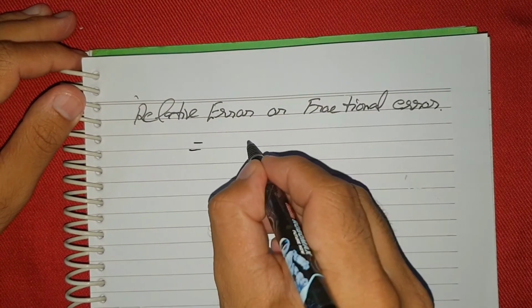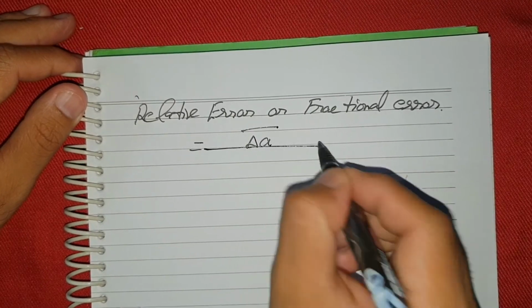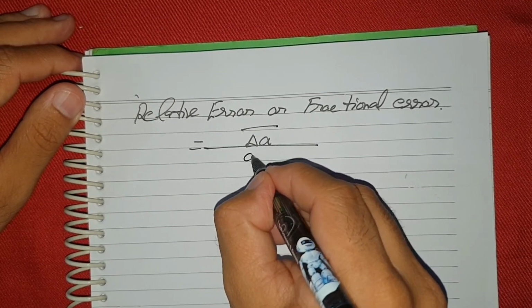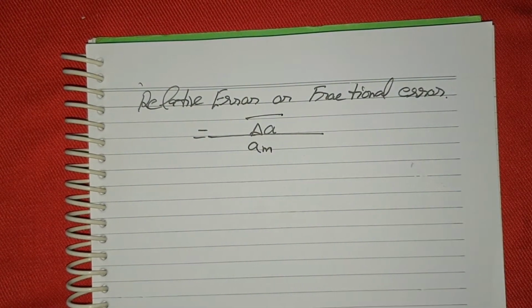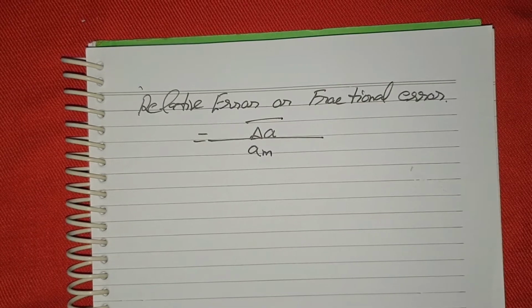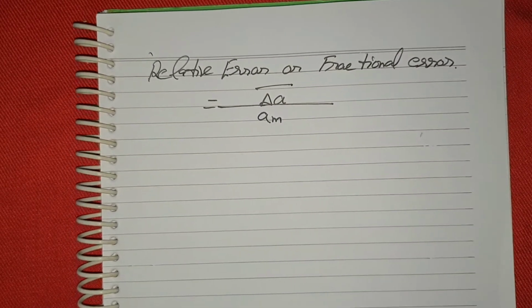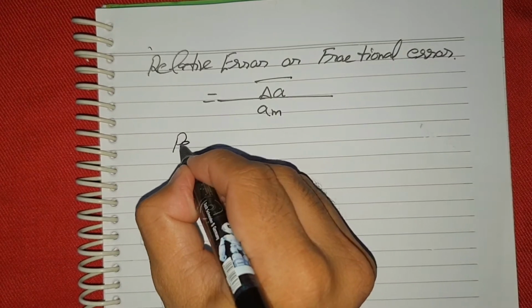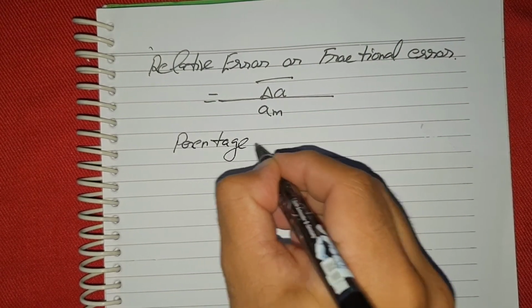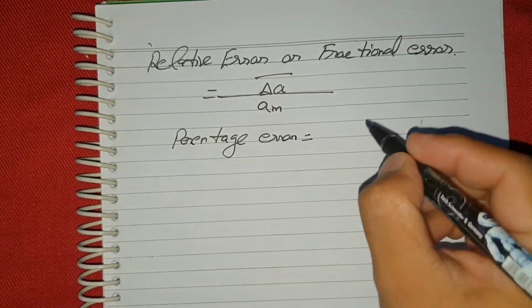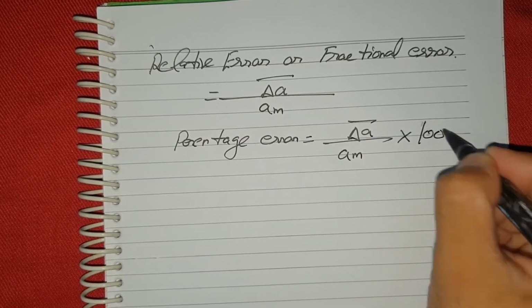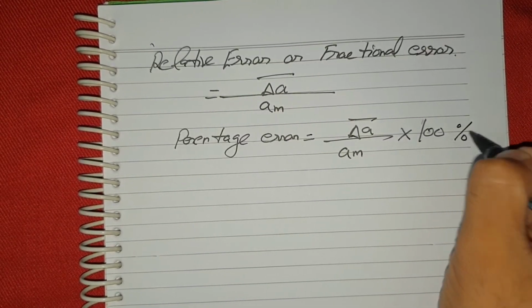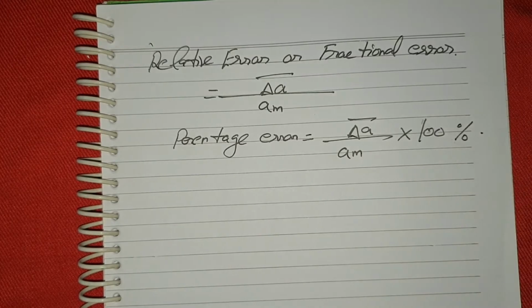So this is basically delta A bar, the mean absolute error, upon AM, the mean value. Now the percentage error is just delta A bar by AM, times 100. You get the percentage error. Now this theory can be illustrated by taking an example.